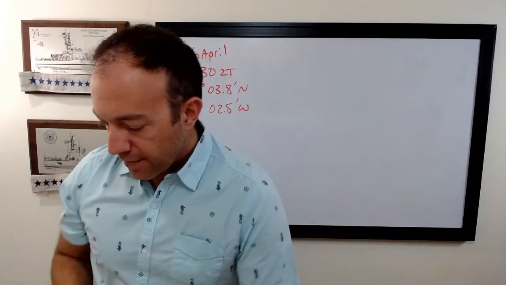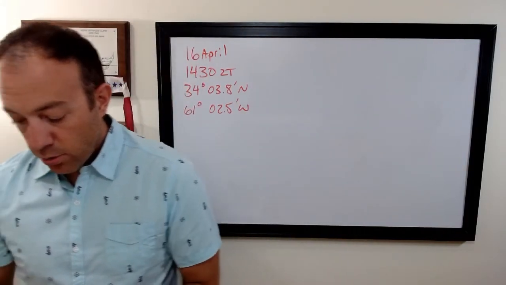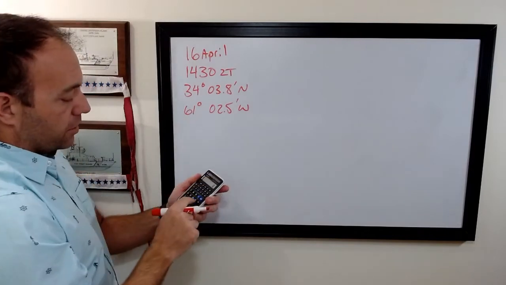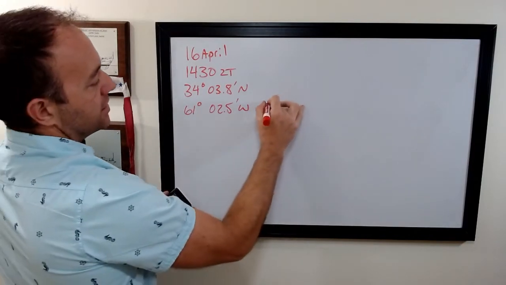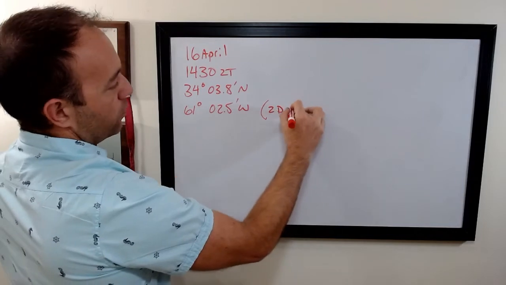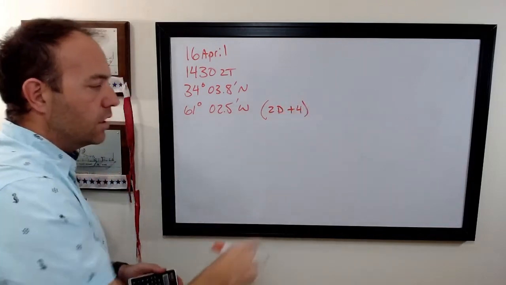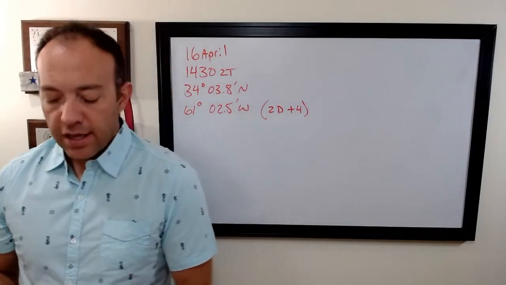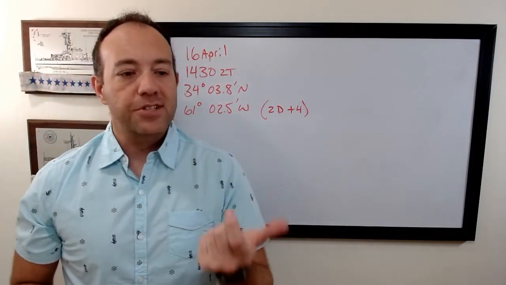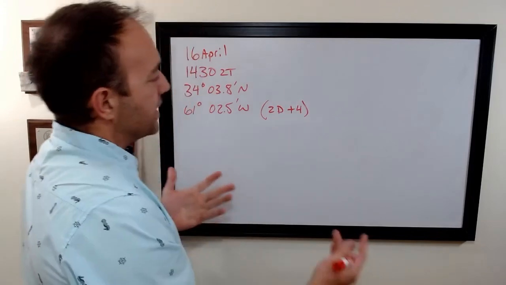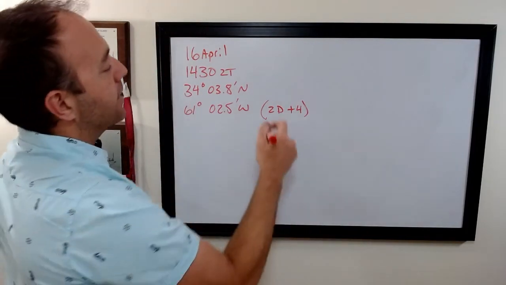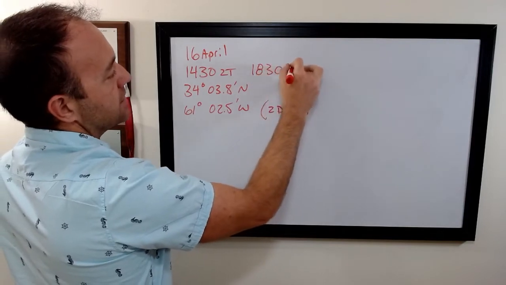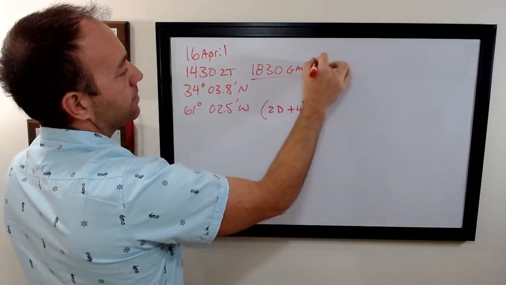So kind of like in the last problem, what time zone we're actually in is important. 61 degrees divided by 15, we're in a zone descriptor of +4. Some people call that -4, and if you're in the civilian world, the minuses and the pluses are often switched for the maritime world. But in essence, what this is saying is add 4 hours to it, and you're going to get to Greenwich time. So our Greenwich time is 1830 GMT.